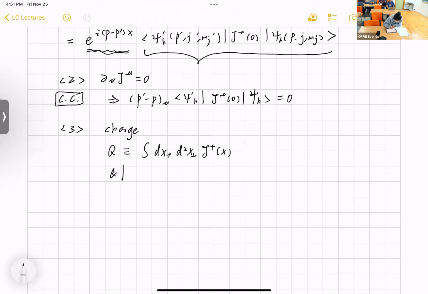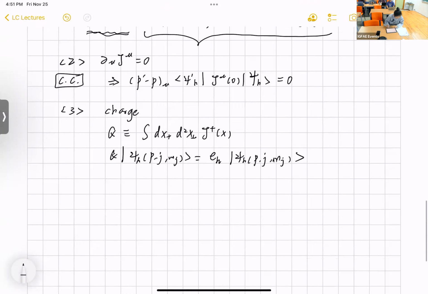And if I let this charge operate on the meson state, it should give us the charge of this corresponding meson state. And of course, the meson state is the same because it's an eigenstate of this Q.